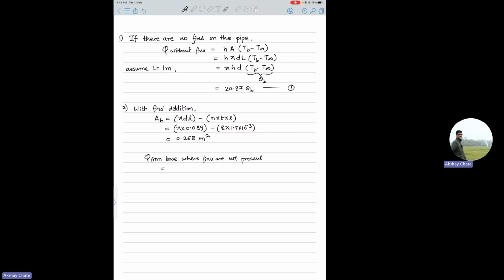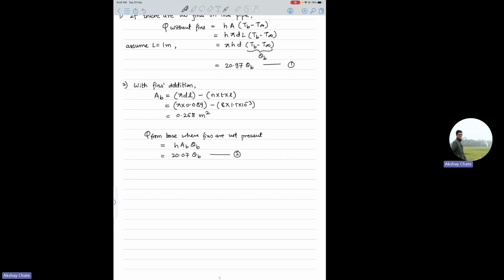So that will be h A_B into theta B, right? So we have area, we have h is 75. So that will be into 75. So this will be 20.07 into theta B. Okay, so this is the second data you have.